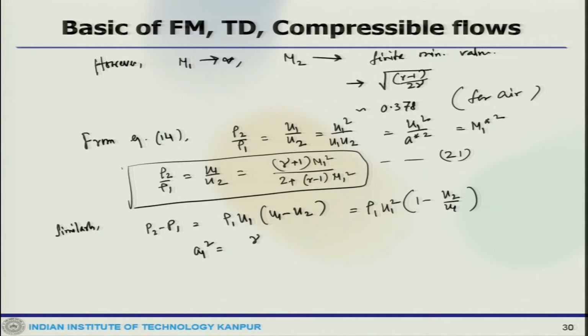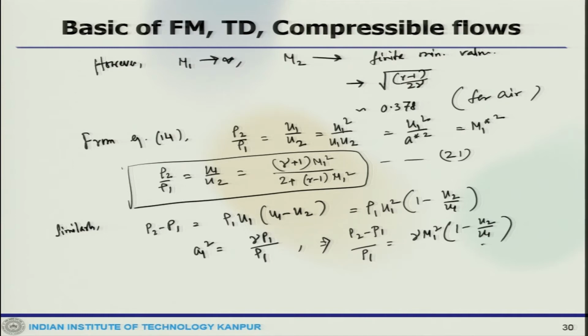So, a 1 square is gamma p 1 by rho 1. So, that allows us to write 1 minus u 2 by u 1.